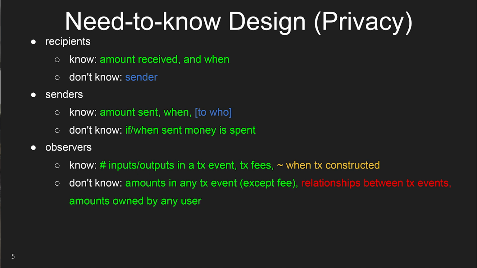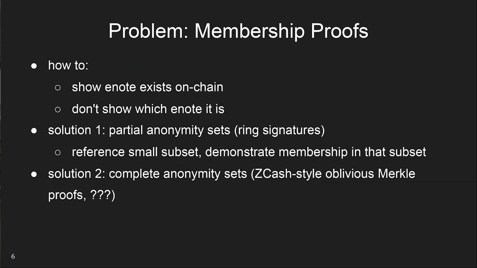And that is, next slide, because of membership proofs. We want to prove that our e-note exists on the ledger when we're spending it, but we don't want to tell anybody which one it is. The solution that's been adopted since CryptoNote with ring signatures is this idea of a partial anonymity set.